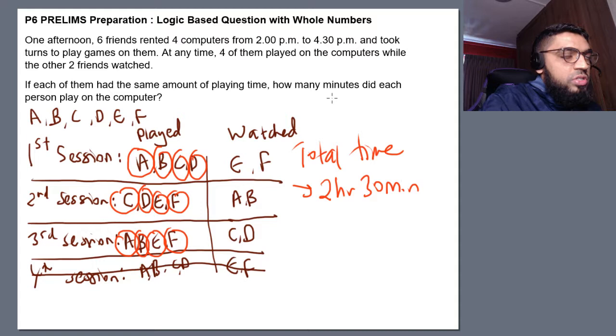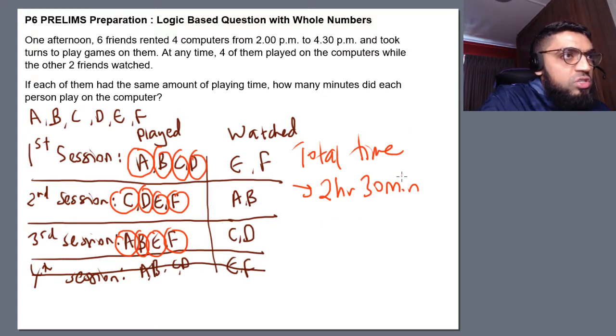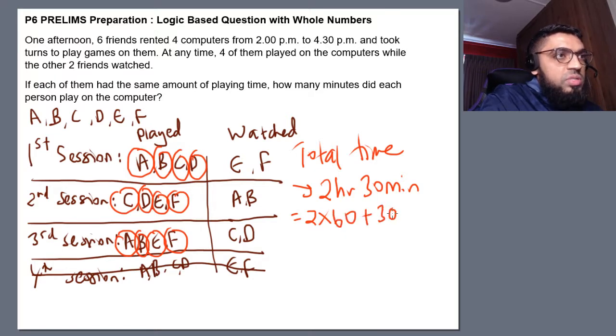Since the question is asking how many minutes did each person play, I need to change this to minutes. So 2 hours and 30 minutes is equivalent to 2 times 60 plus 30. Why 2 times 60? Because each hour has 60 minutes. So 2 times 60 is 120, and 120 plus 30 is 150 minutes.